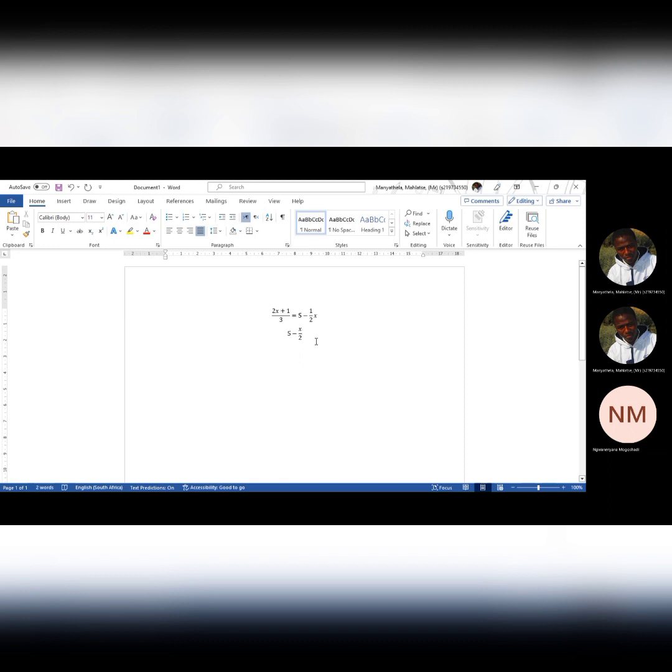You can take the x on top and remain with 2. So the first thing we did was multiply this by 2, to make it one denominator.